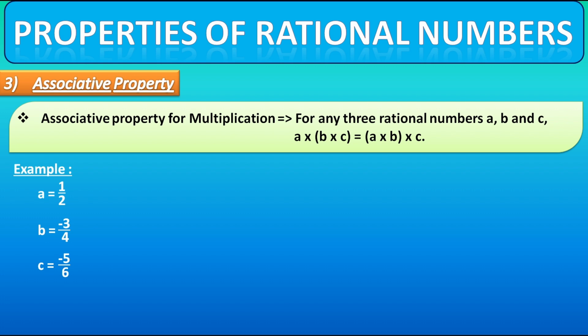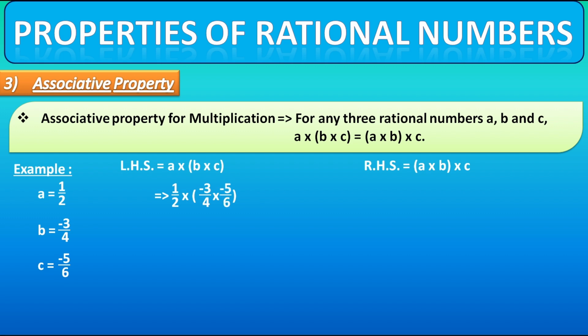Okay. Now let's solve the LHS part first. The LHS part is a into (b into c). Let's put the values of a, b, c in the formula. So it will become half into (minus 3 upon 4 into minus 5 upon 6).